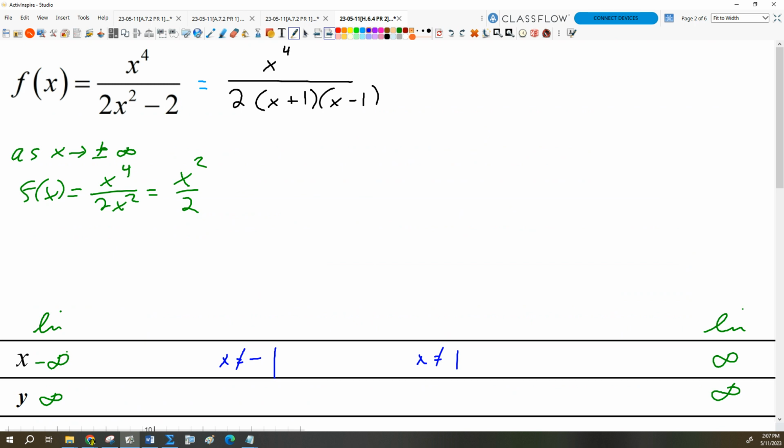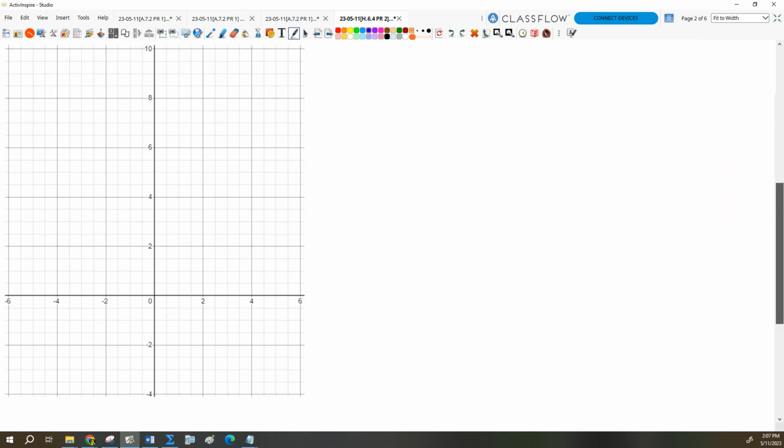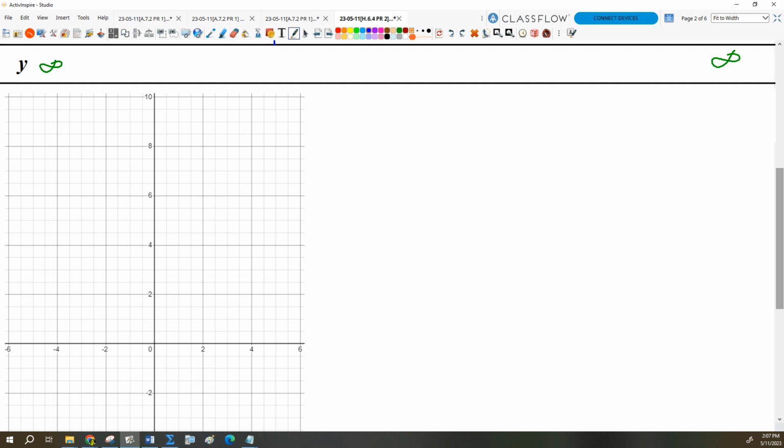The only zero of the top is what? It's 0, right. So both of those are going to be vertical asymptotes. We can add those to our graph: negative 1 and positive 1, vertical asymptotes. Okay, that's helpful.